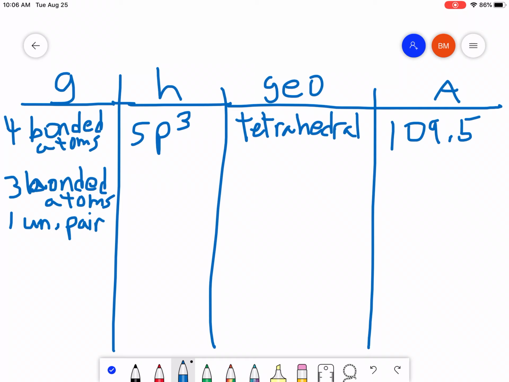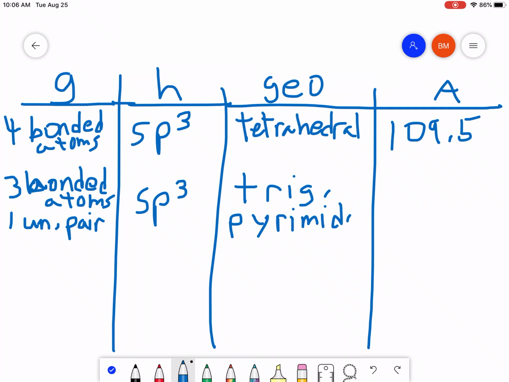It's still got 4 groups, so it's still got sp3 hybridization. However, it has a slightly different geometry and bond angle, something called a trigonal pyramidal arrangement. The bond angle is close to 109.5, but deviated a little bit. It's going to be 107 degrees.